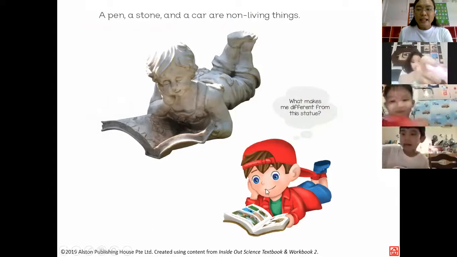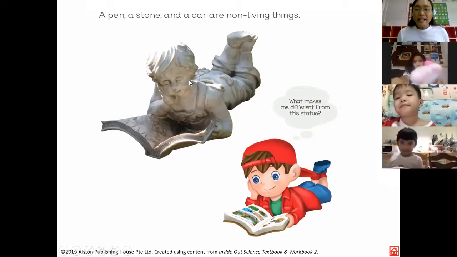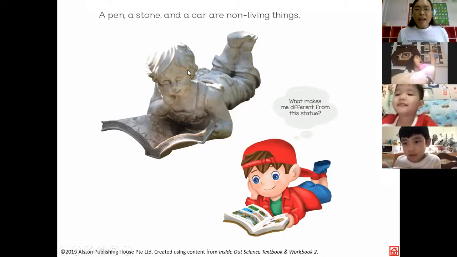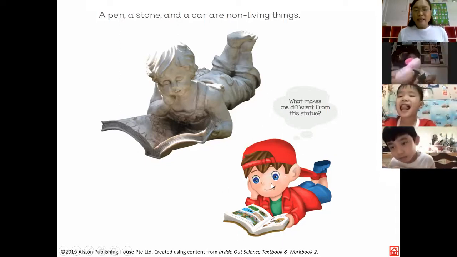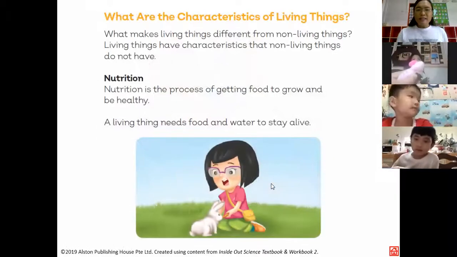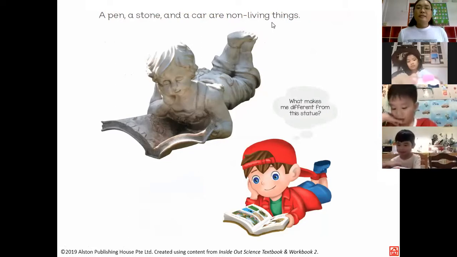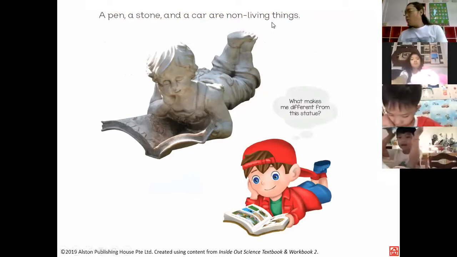Again, the statue is non-living. Okay, and this one is a living thing, non-living thing, and living thing. Do you understand? Yes. All right. Now, get your workbook.